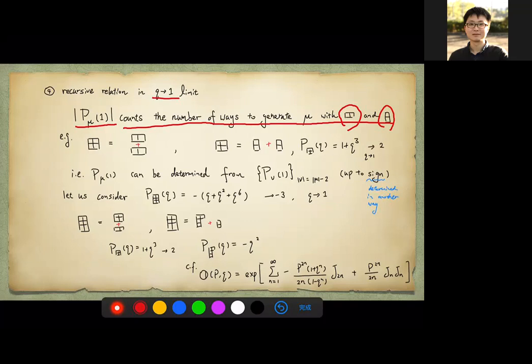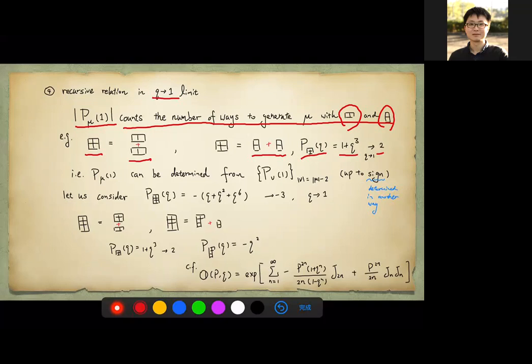So for example, if we consider this 2,2 partition, it can be generated either like this or this, from these two kinds of Young tableaus, and so the q equals 1 limit of this polynomial will be 2, and indeed we can see it's 1 plus q to the cubic power, so it's 2.